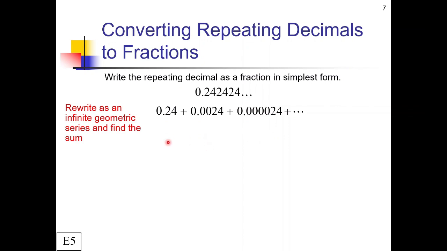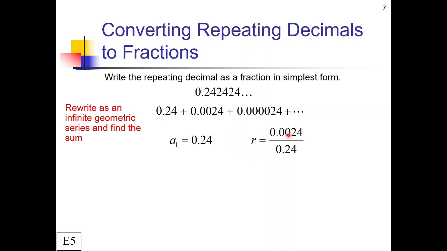All right, so our a1 value in this case is just this first 0.24. For the r value, what I have to multiply to get these two zeros in here is a power of 10. This is going to be 10 to the negative 2 each time, so we're multiplying essentially by 0.01.